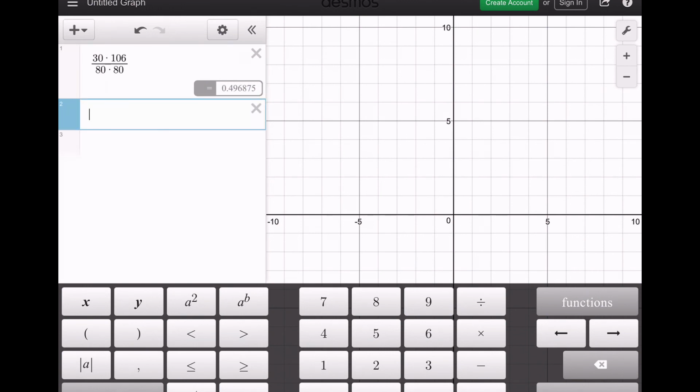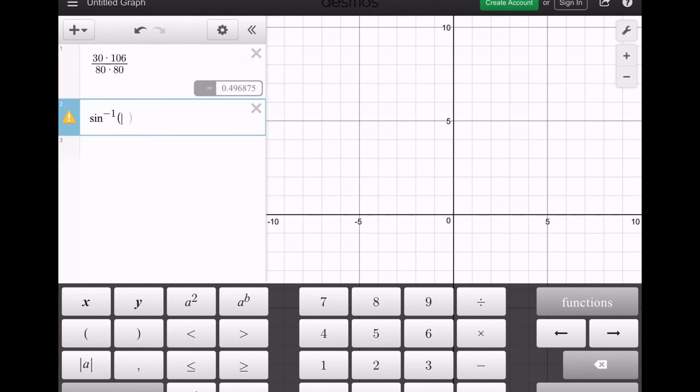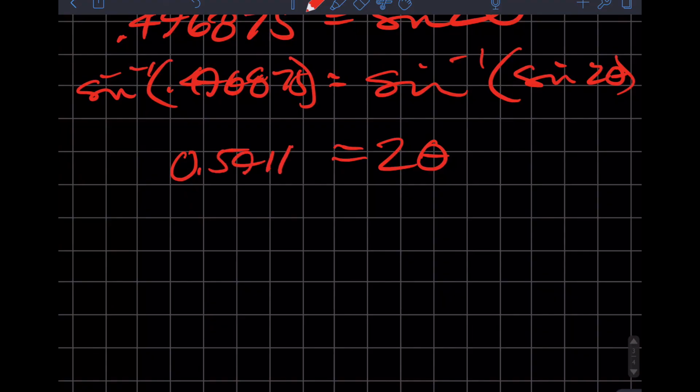So I'm going to take the inverse sine, the function's over here, of 0.496875, and it's about 0.5199 radians.